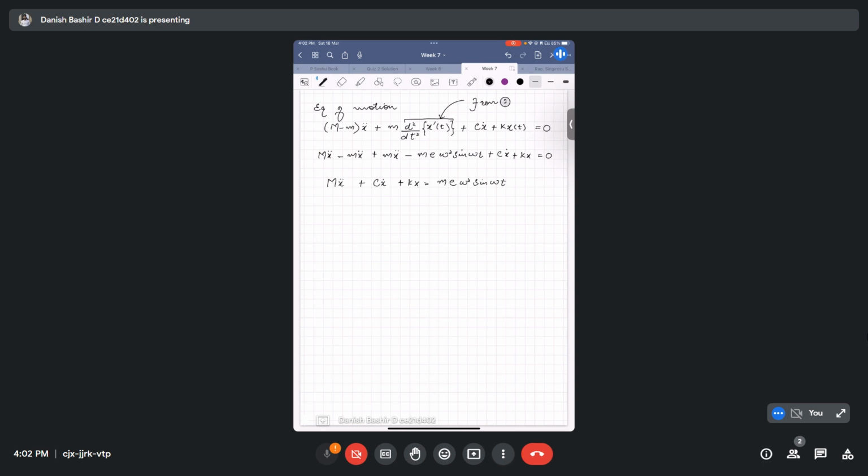Okay. So this will be the governing equation of the motion for this rotating unbalance.